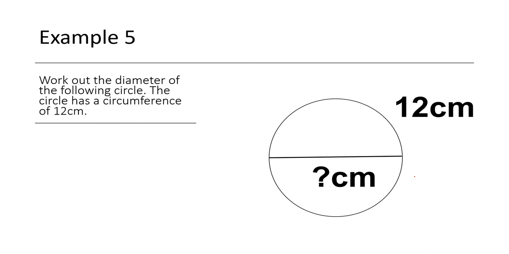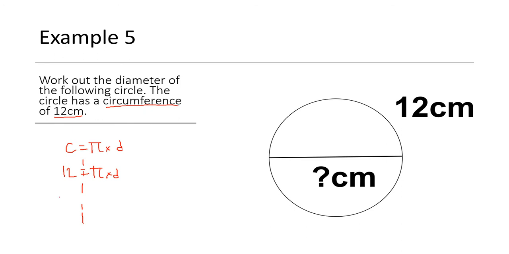Now this is working backwards, so work out the diameter of the following circle. The circle has a circumference of 12 centimeters. We know that the circumference is equal to pi times diameter. We're given that the circumference of the circle is 12 centimeters, so 12 is equal to pi times the diameter. Now, rearranging the formula, we need to leave d on its own.